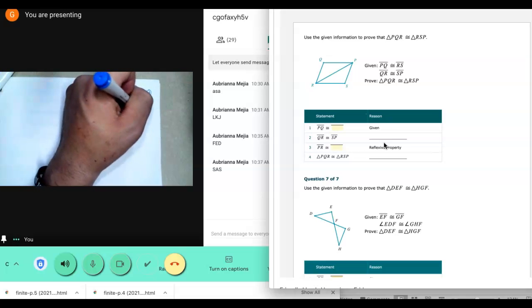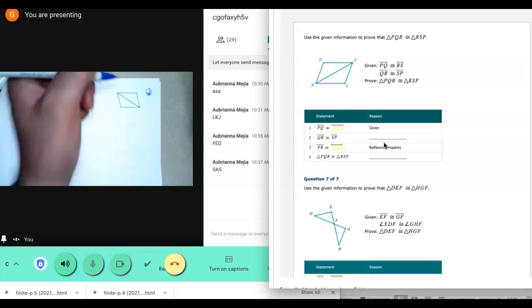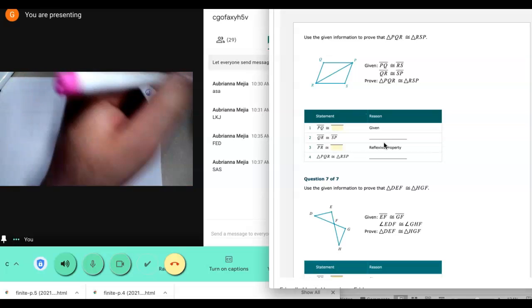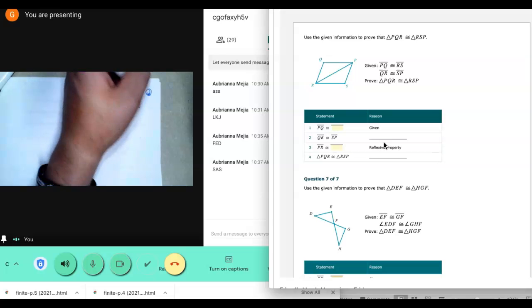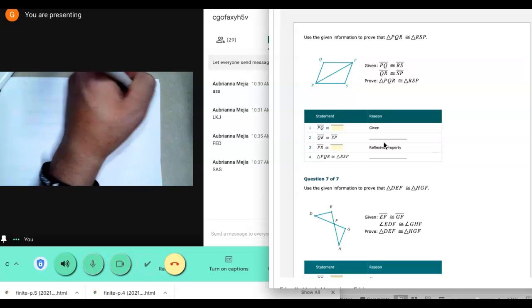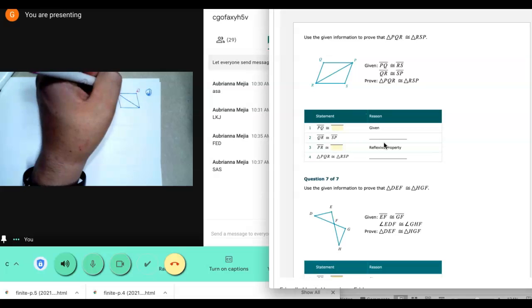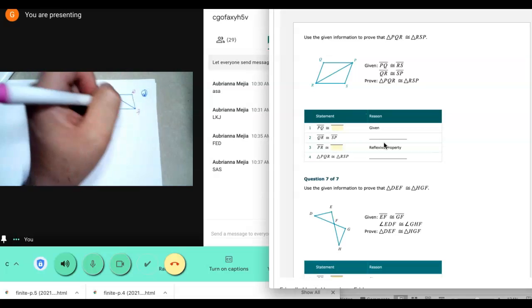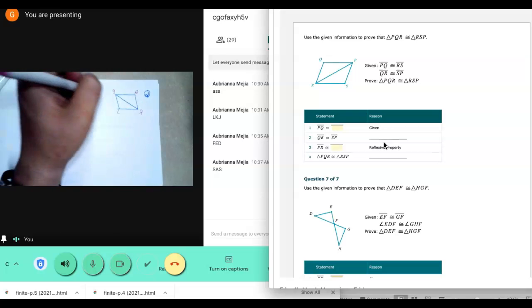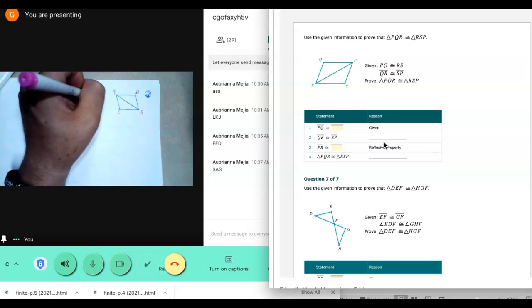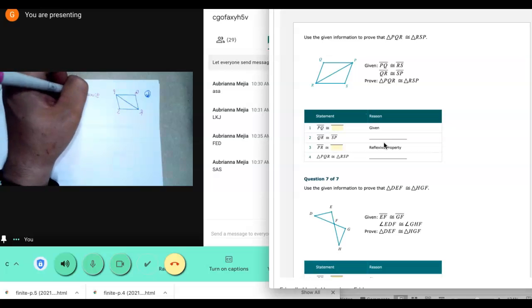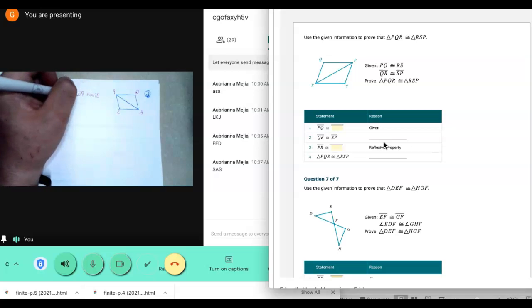So we have this quadrilateral divided up into 2 triangles, and the vertices are PQRS. The given information is that PQ is congruent to RS.